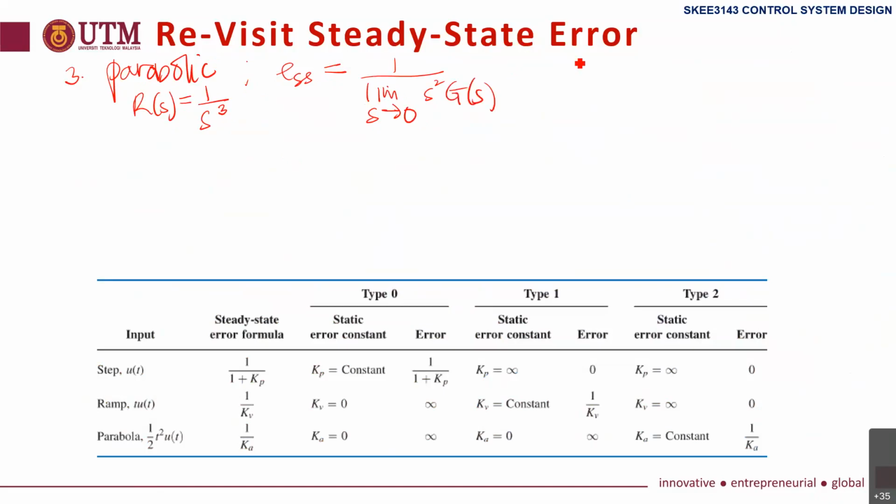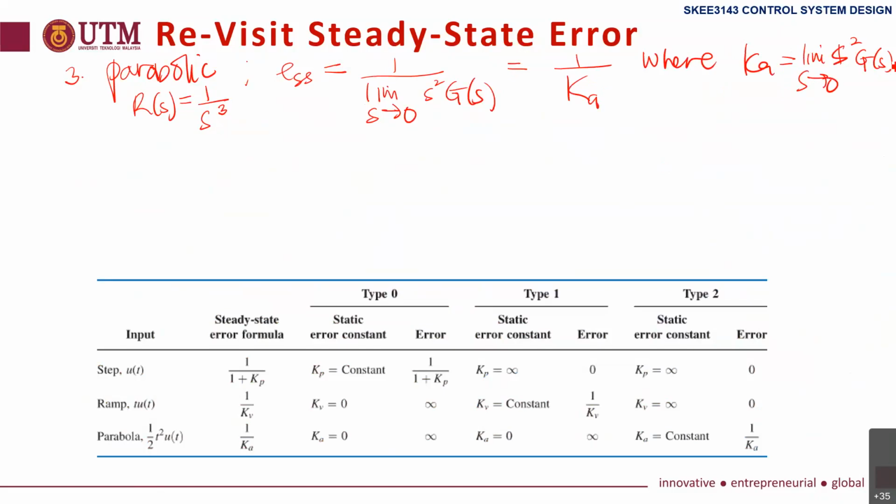And this can be summarized into 1 over Ka, where Ka is limit s to 0 s squared G(s).